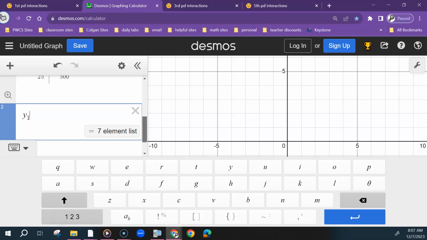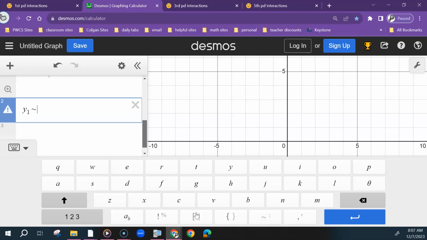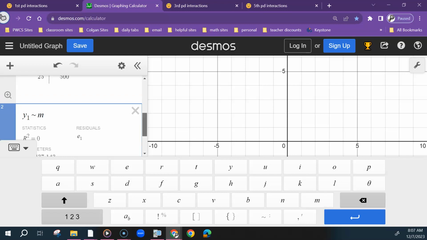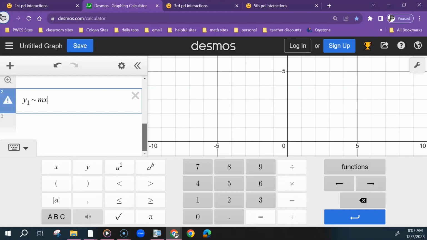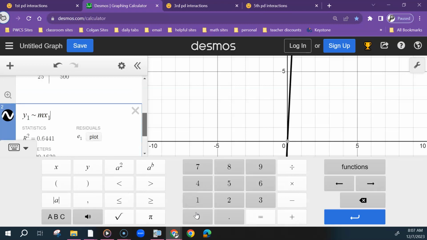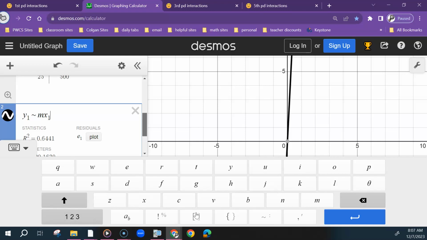Then in your keyboard, you need this squiggly line. It's called a tilde. And then mx1 plus b. You just type it.